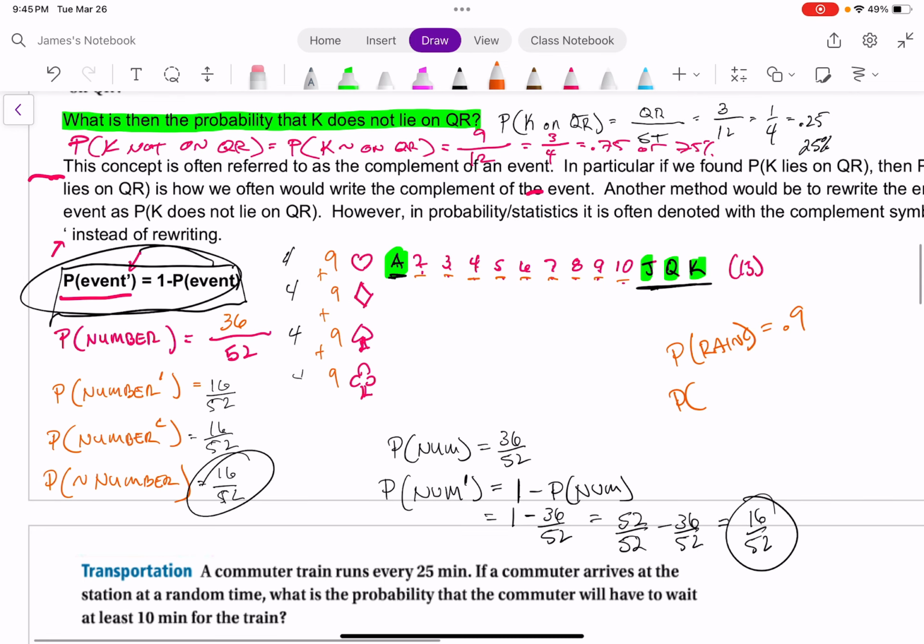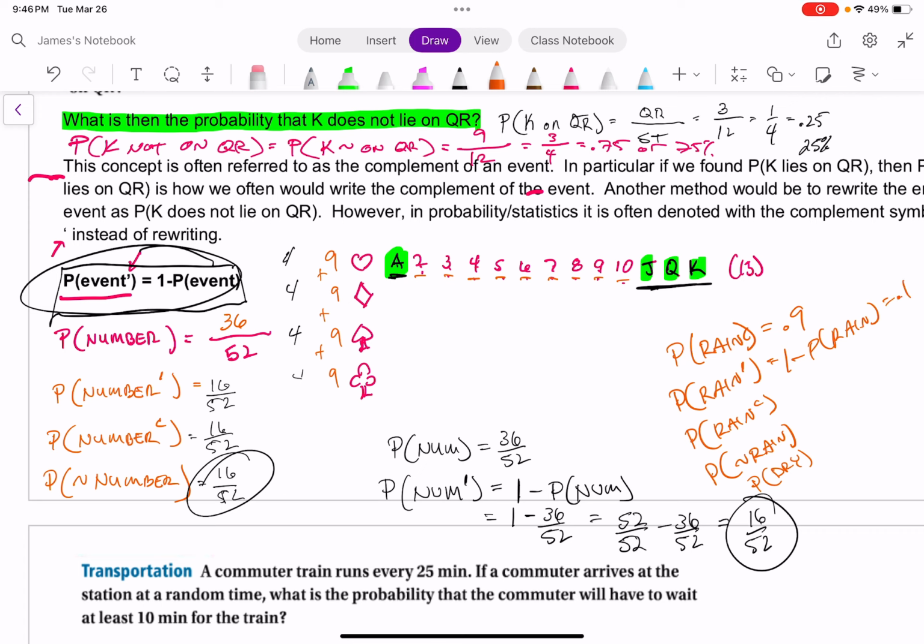So the probability of rain's complement, rain prime, or the probability of rain complement, or the probability of not rain, or if you think about it, you could write it this way: probability of being dry, would be 1 minus the probability of rain, which would be 1 minus 0.9, which gives me 0.1 or 10%.